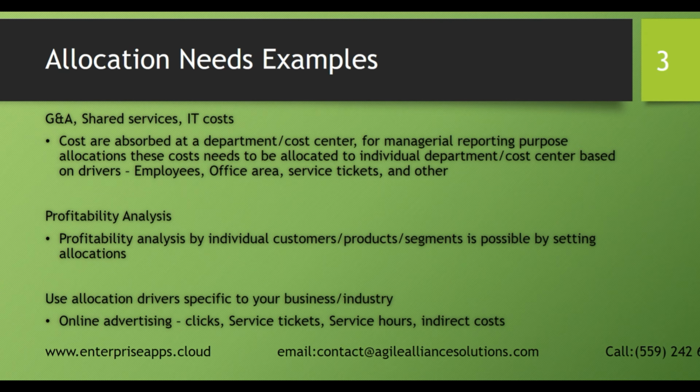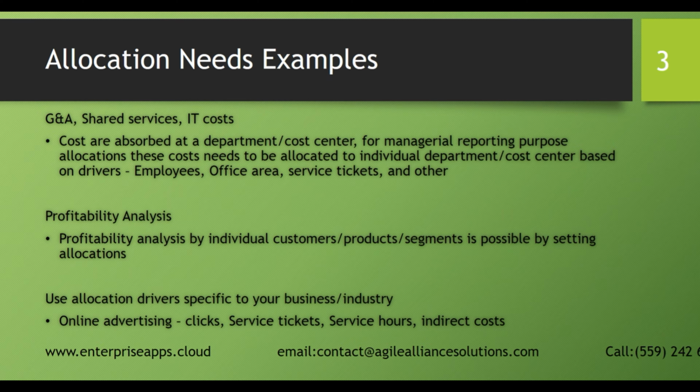So what are good examples for allocations? In my example, general and administrative costs and shared services, something like IT cost, are good examples. The costs are concentrated in a few accounts and in a department, and the business wants to allocate this cost based on some drivers.